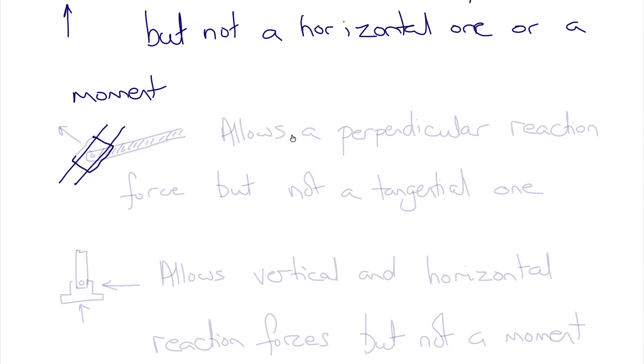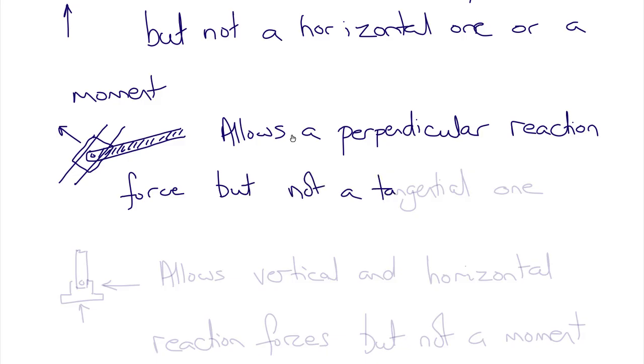Similarly, a collar sliding on a shaft with a pinned attachment also allows only one reaction force perpendicular to the shaft, but not a tangential reaction force or a moment, again in 2 dimensions.